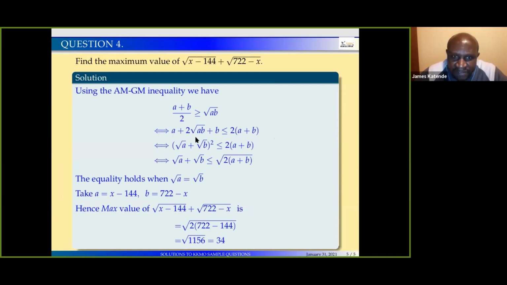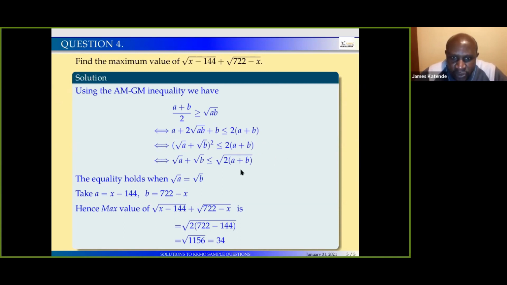You can observe that the left-hand side is actually equal to the square root of A plus the square root of B in brackets, squared. So now this gives us that the square root of A plus the square root of B, squared, will be less than or equal to twice the sum of A and B.